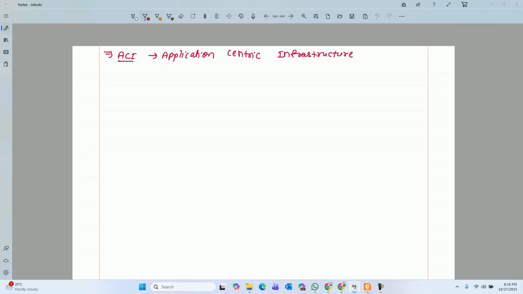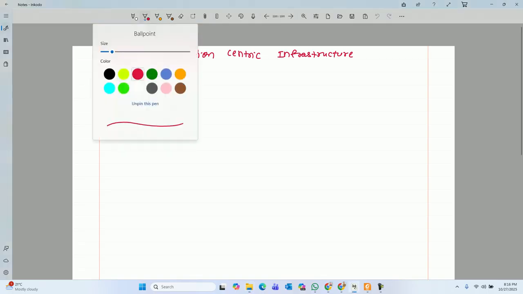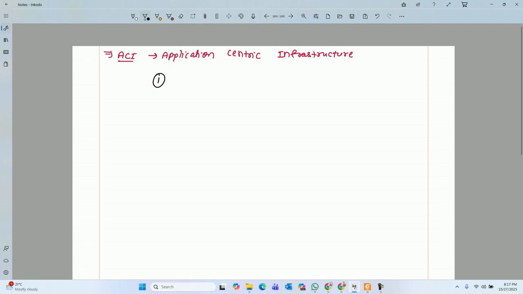let's get started with the ACI part, application centric infrastructure. So in this application centric infrastructure solution, we have two main components. First of all, we have the Nexus switches, right? And then we have the Cisco APIC, which is Application Policy Infrastructure Controller.